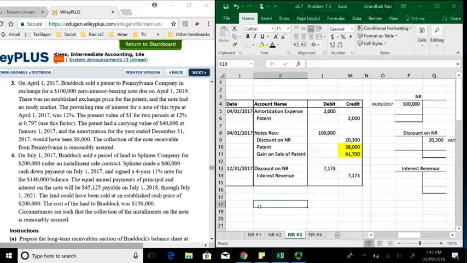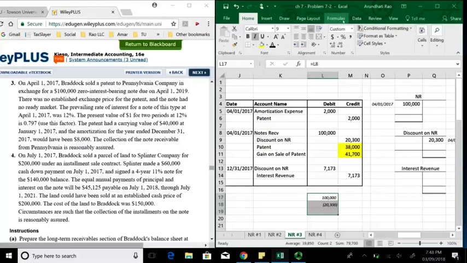So let's recap what we have over here. We have the $100,000 note receivable minus the discount, that gives you the fair value of the note.